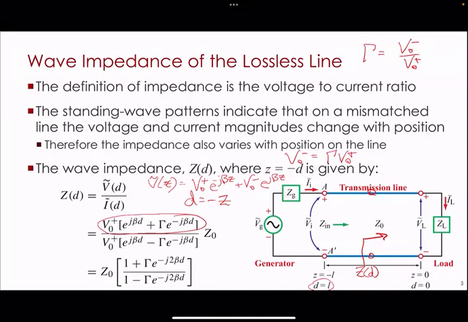So where did the wave equation come from? It came from our Kirchhoff's voltage law and current law. We came up with an equation for each of those, and we took a second derivative and plugged it in, and we came out with the wave equations. And where did the Kirchhoff's voltage law and current law stuff come from? That came from our transmission line model with the R prime, L prime, G prime, C prime in it.